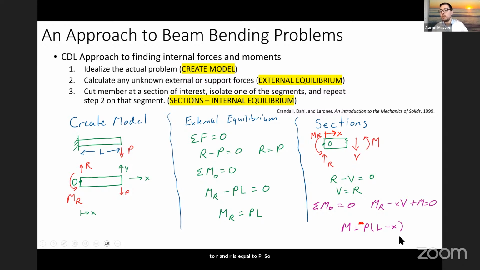So if we're drawing a bending moment diagram here, what we're going to do is pick out our locations such that we can draw a straight line, and this is going to be minus PL.